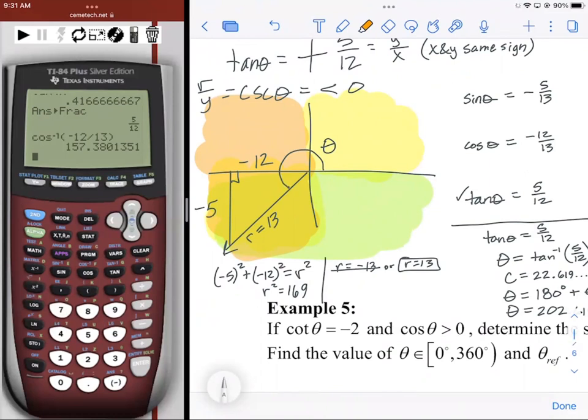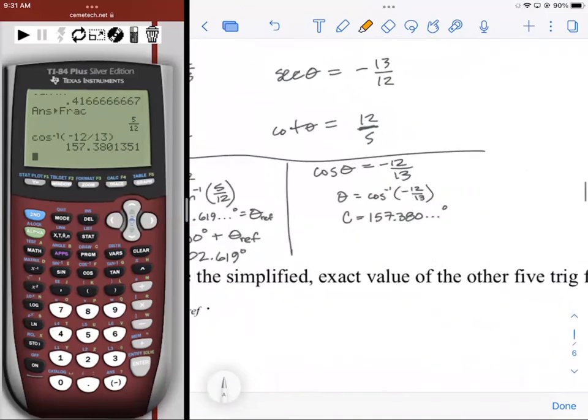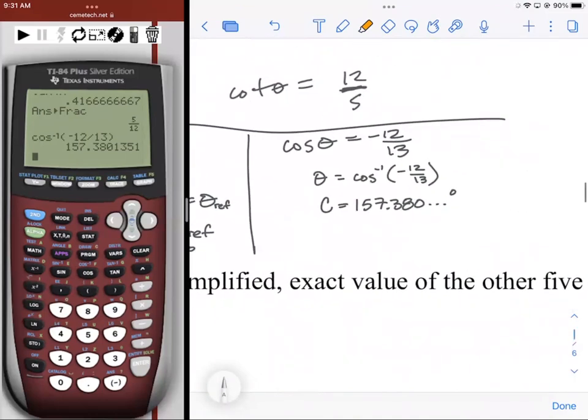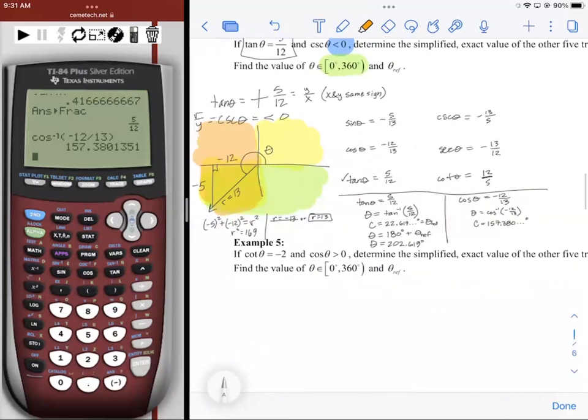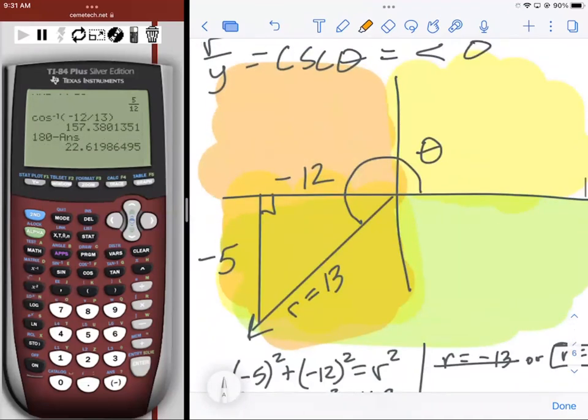So it gives me the one in quadrant 2, right? Yeah. So not a big deal. I can find the reference angle of the calculator's answer by subtracting it from 180. So 180 minus the calculator's answer gives me the reference angle, 22. And now I can look at my picture and say, I want to go that much further past 180. So if I add 180 degrees to it, now I get my angle.